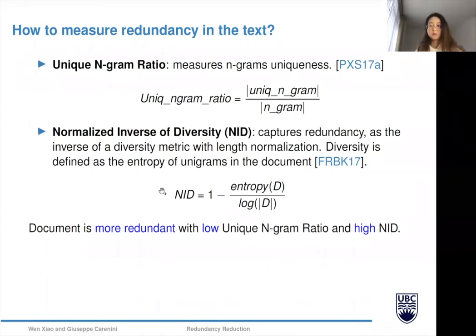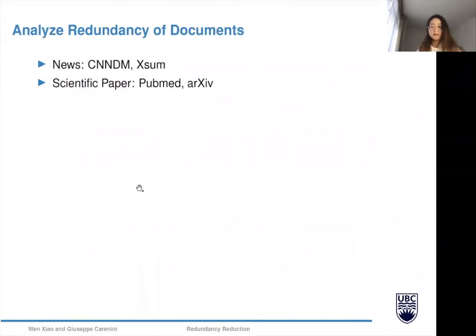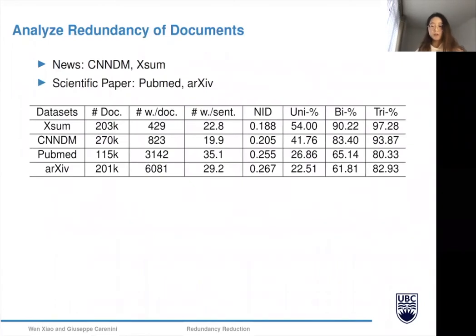Equipped with these two metrics, we evaluate the degree of redundancy of the documents in four popular summarization datasets: CNN, Exam in the news domain, and PubMed, Archive in the scientific paper domain. Here in the table, we show the basic statistics of the four datasets with number of documents, average length of the document, average length of the sentences, and the NID score, the unique unigram, bigram and trigram ratio.